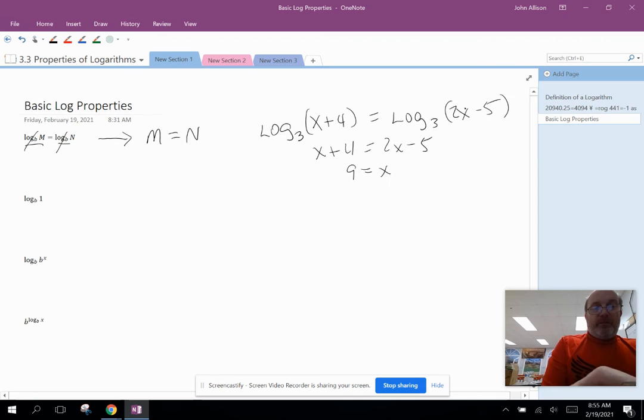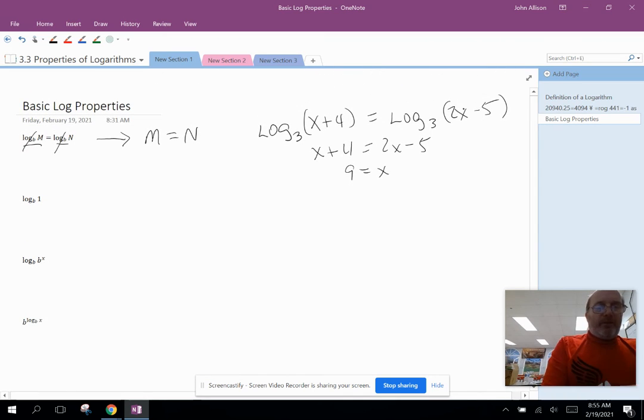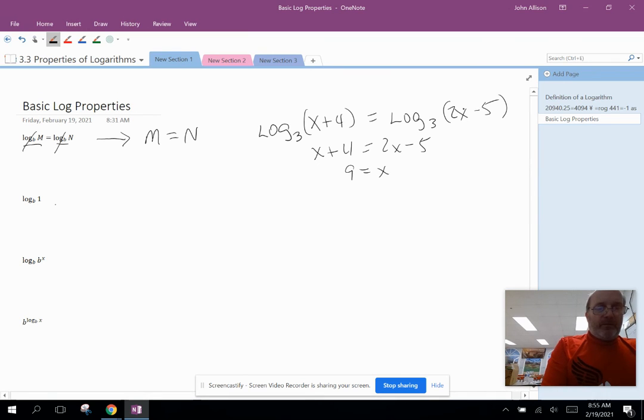If we have log base b of 1, this is saying, what power of b gives me 1? Now remember from earlier that b can't equal 0, it has to be greater than 0, and it can't equal 1.